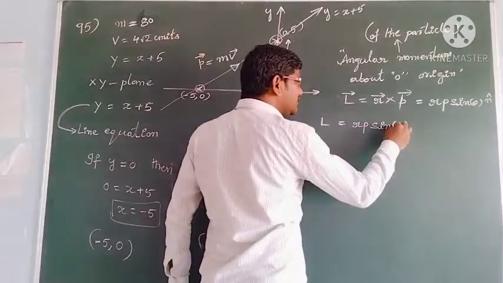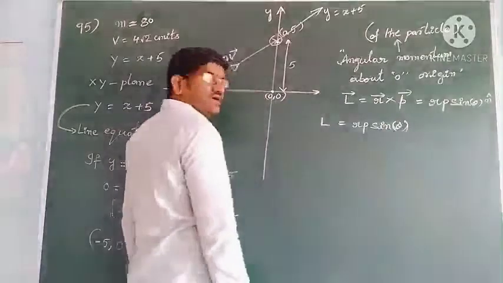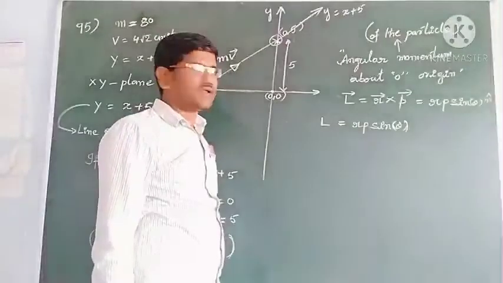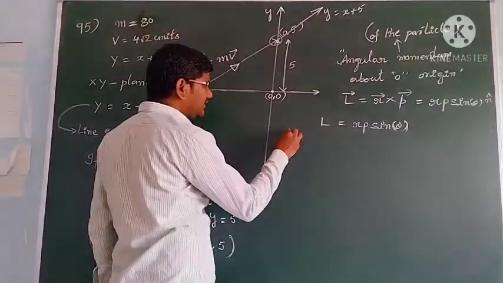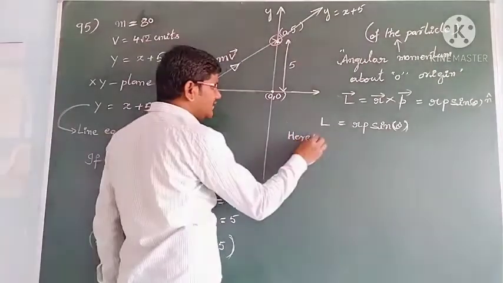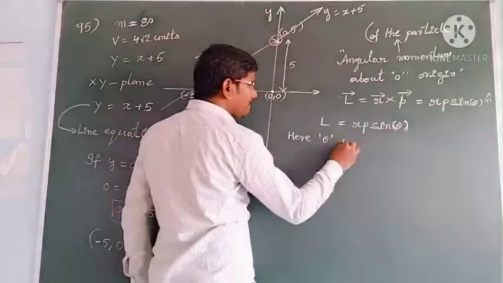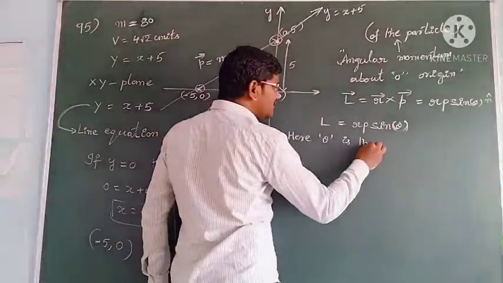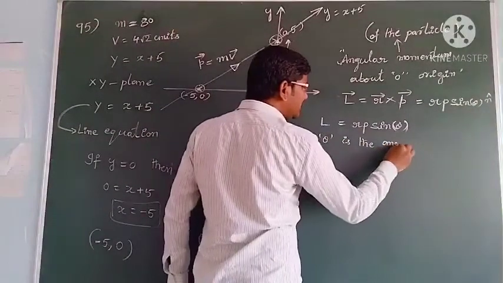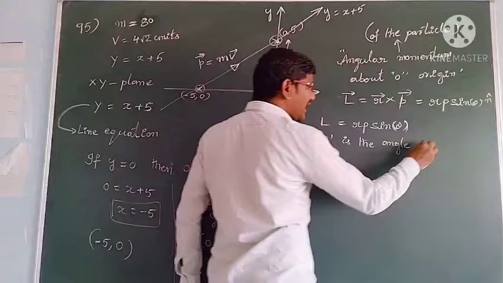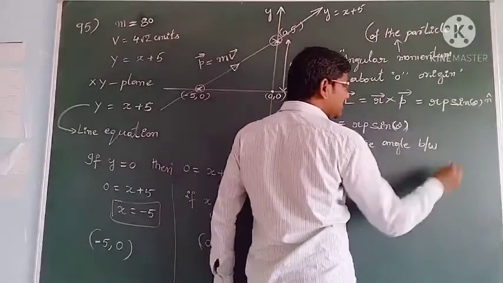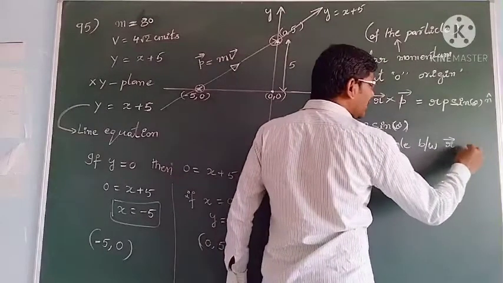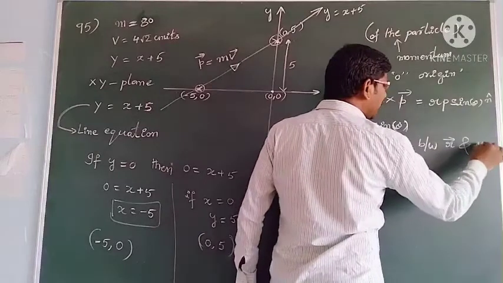So L is equal to r p sin theta you will get. And here theta is the angle between r bar and p bar.